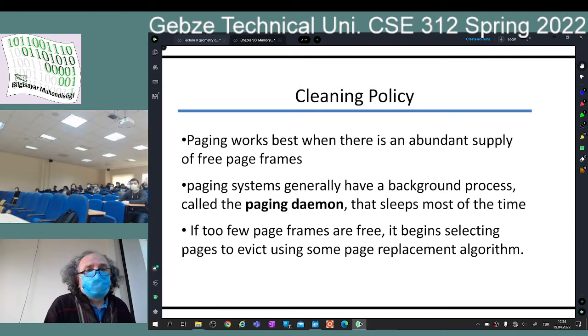Okay. So when do we do the page replacement? Then there is a paging daemon. It's an operating system process.